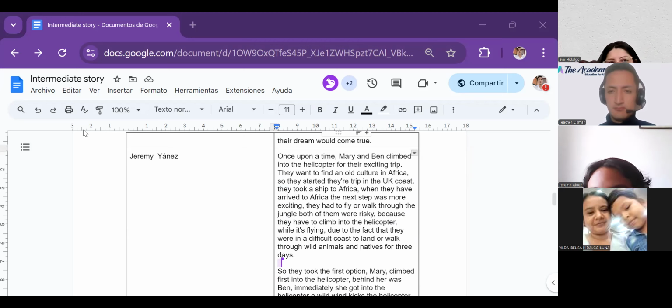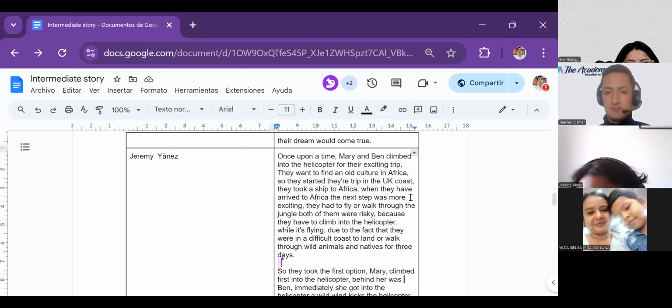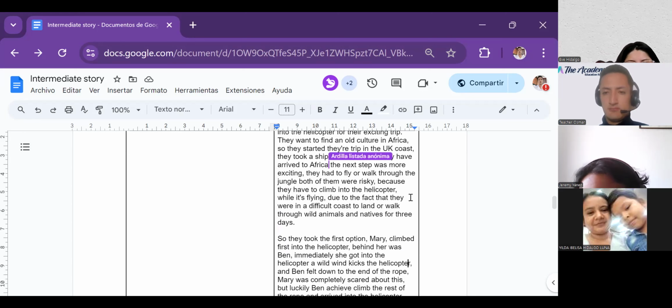Once upon a time, Mary and Ben climbed into the helicopter for their exciting trip. They wanted to find another culture in Africa. So they started their trip on the UK coast. They took a ship to Africa. When they had arrived in Africa, the next step was more exciting.